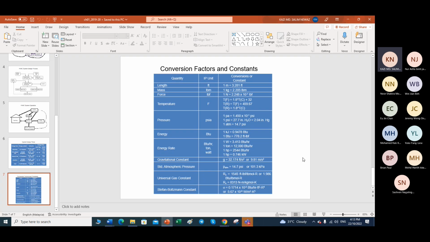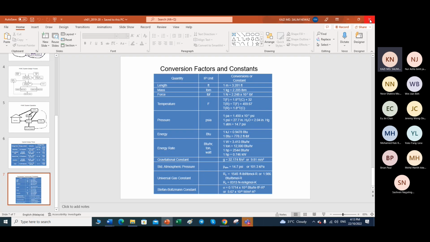The conversion table should be with us, and the exam hall will give us the thermal conversion factor, conversion table, psychrometric chart, all these things. So I don't think there will be any problem. With that, we move on further.